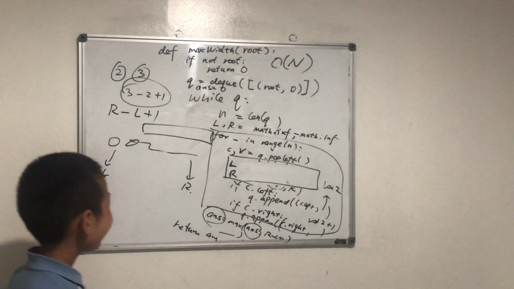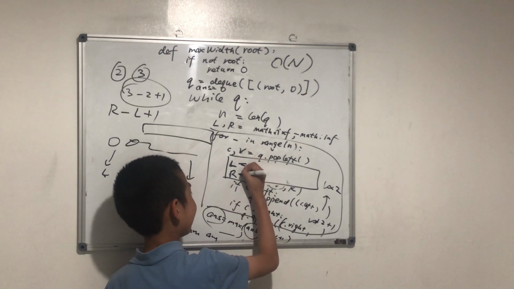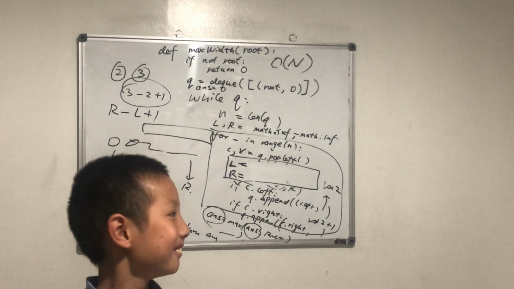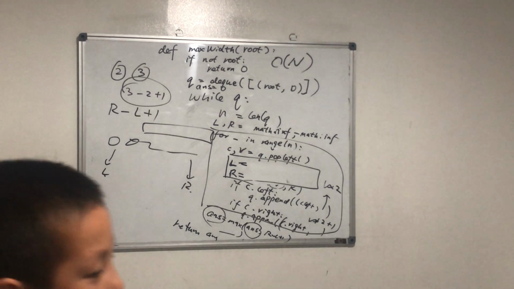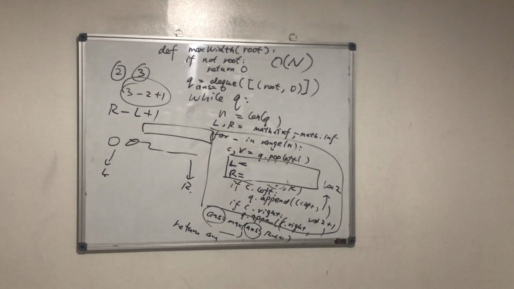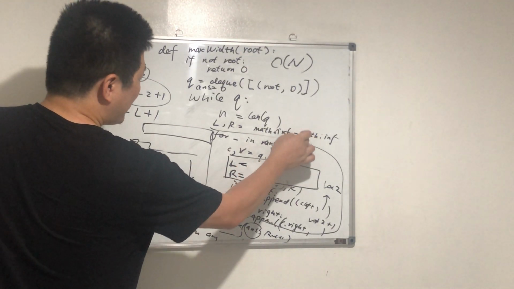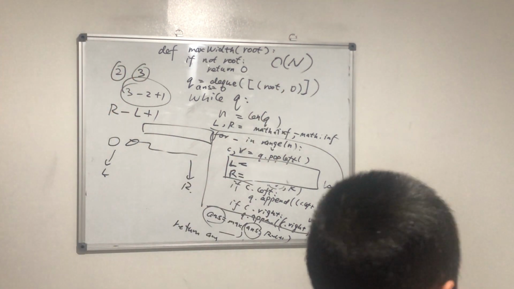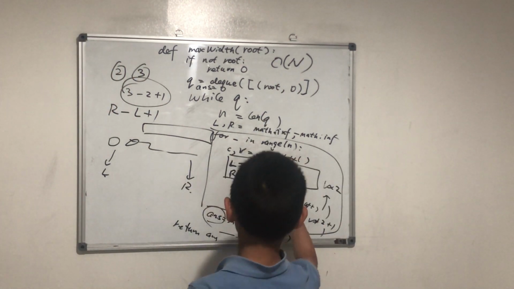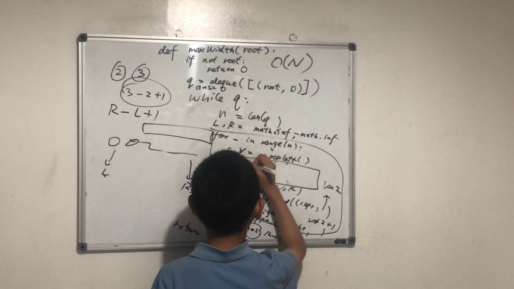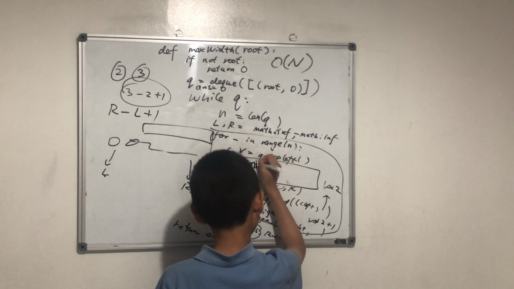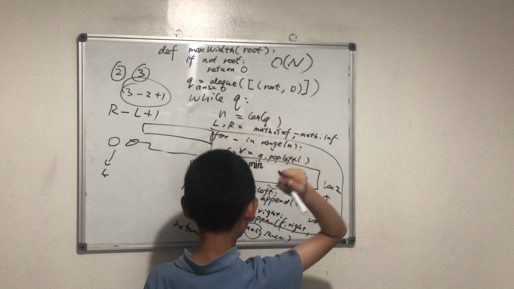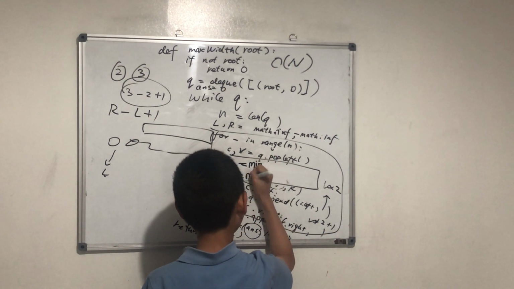L equals what? The left equals what? We want to update the L, the left boundary, with V. Left equals what? Min. Yeah, min. We want to get the min value. And R is the max.